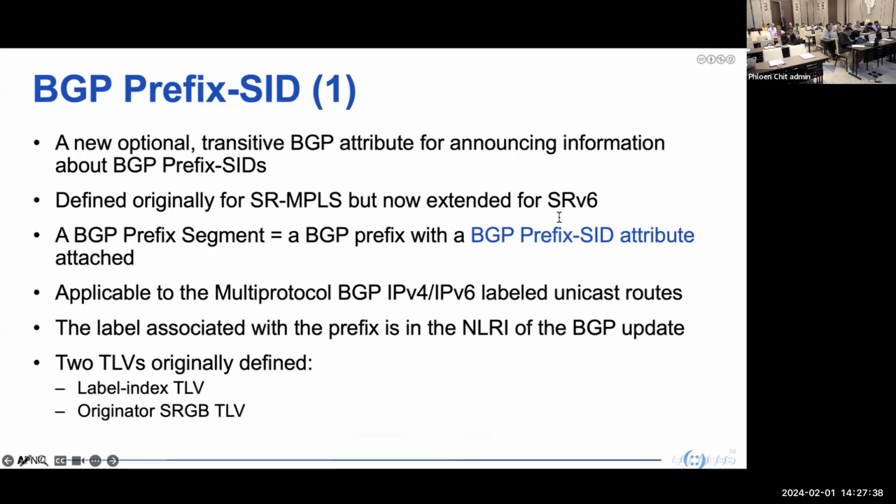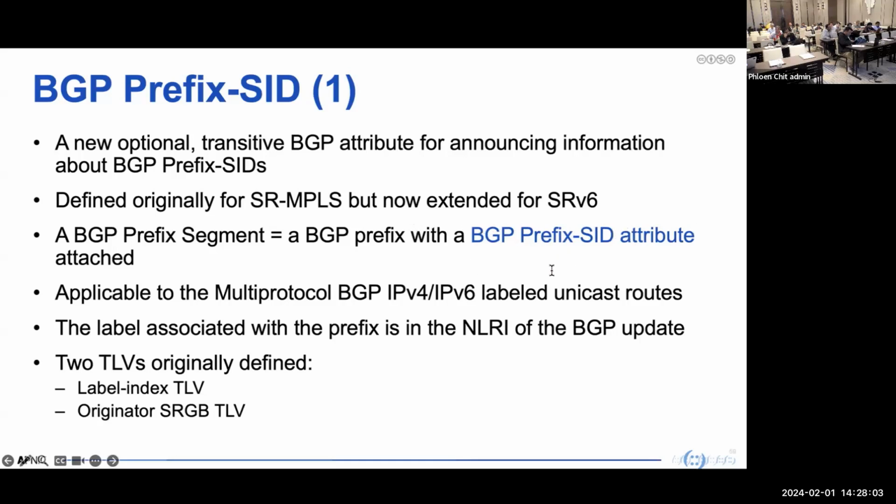For supporting BGP prefix seed, a new optional transitive BGP attribute is created for announcing the label information. It was originally defined for SR-MPLS but is now extended for SRv6. A BGP prefix segment is a BGP prefix which has a BGP prefix seed attribute attached to it.